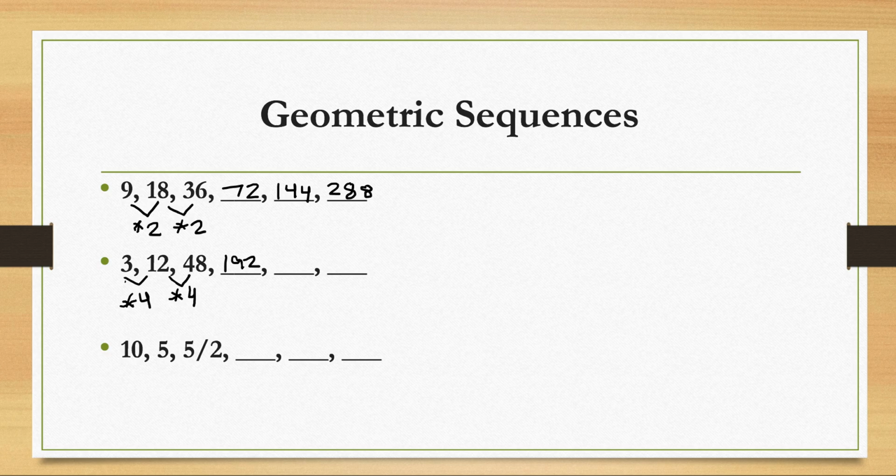So that is going to be 768. And again, use your calculator if you need to here. And then the last one, we're going to say 768 times 4. So that is going to be 3,072.